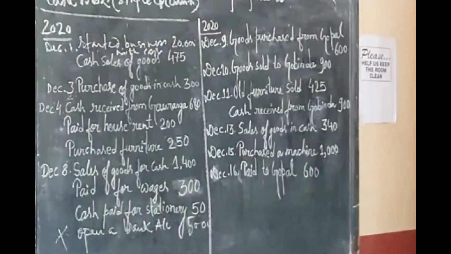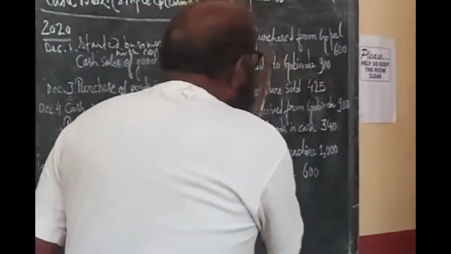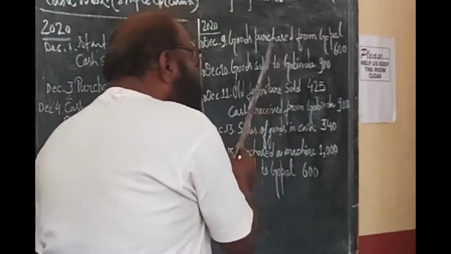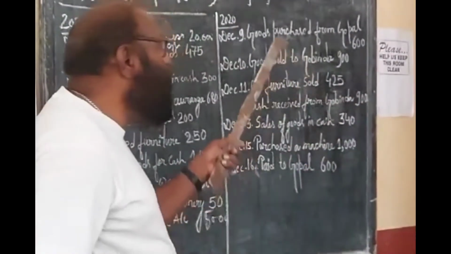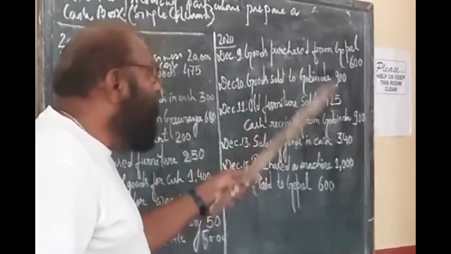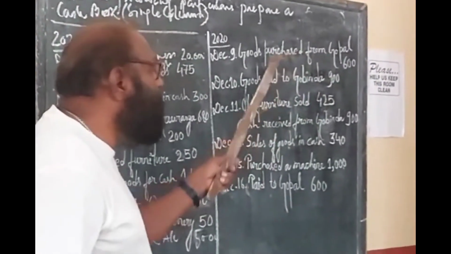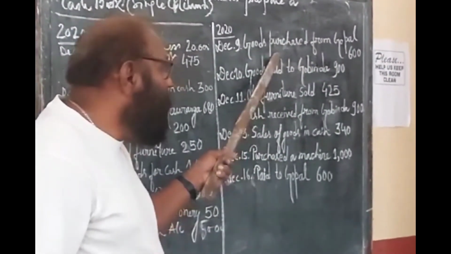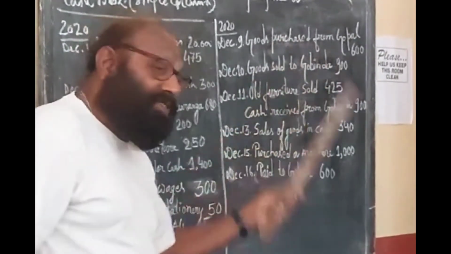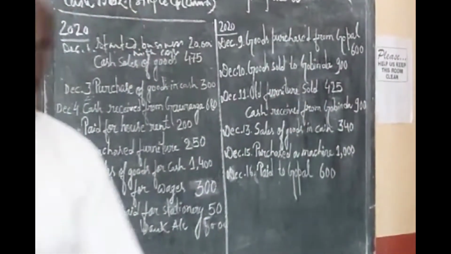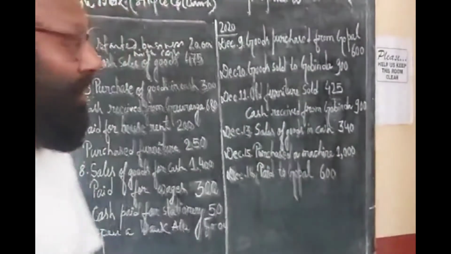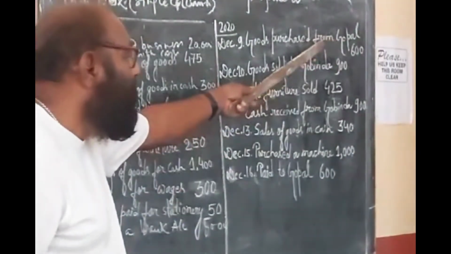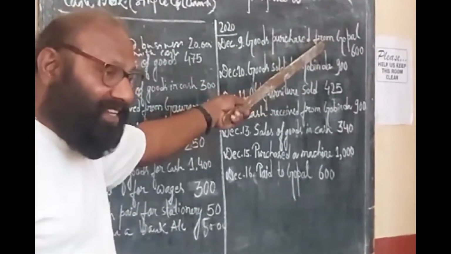If it is written only purchase goods, then we should take it as granted that this is a cash purchase, and the journal entry should be purchase account debit to cash. And if it is written goods purchased for cash, it is very clear that it is a cash purchase. But when it is not stated whether it is cash or credit, and the name of the party is given, then it should be treated as a credit transaction.